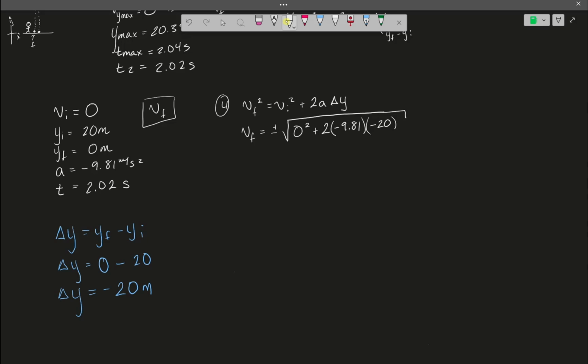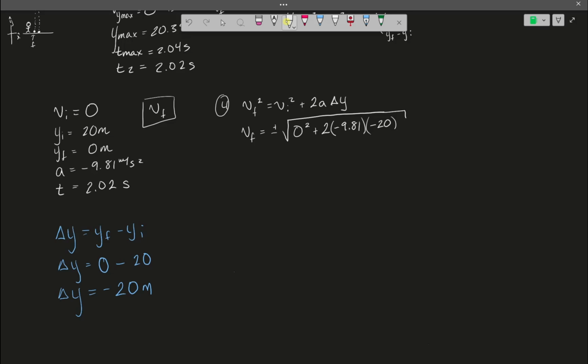One way that you'll know that you've made a mistake and that you should really review the directionality of the numbers that you have put into these equations is if you get a negative inside of that square root, right? The square root of a negative number gives you an imaginary number, and we are not working with imaginary numbers in general physics. So if you get a negative inside of your square root, double check that you have the correct directionality for your variables.